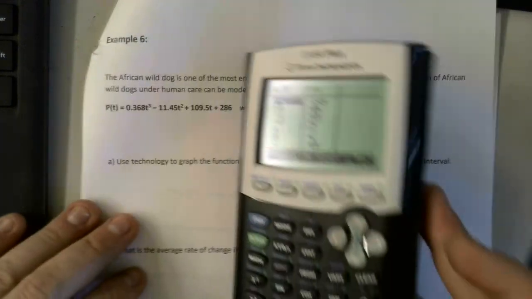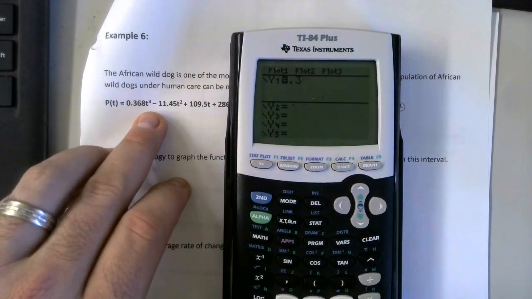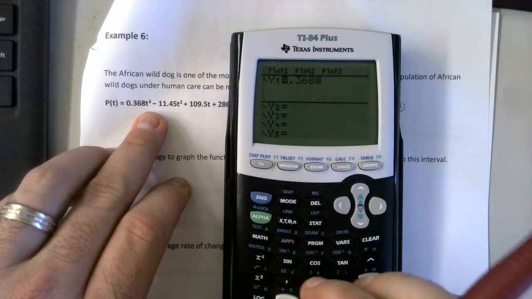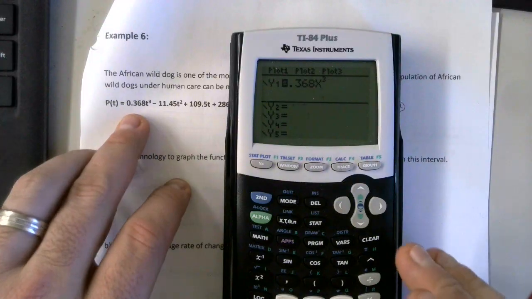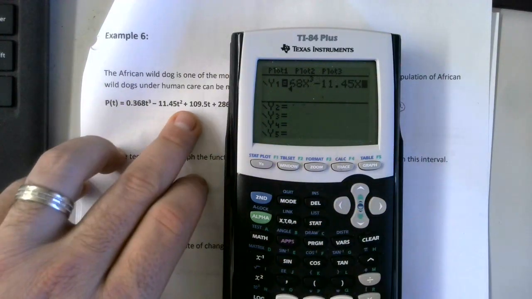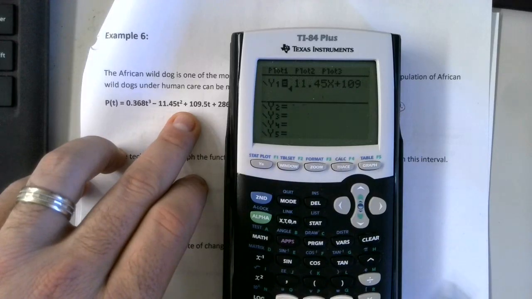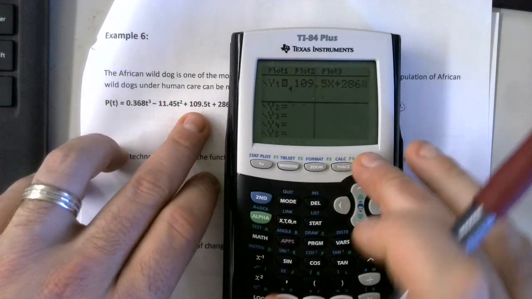So let's use our technology to graph our function. Make sure you type it in just like you see it and hit graph.